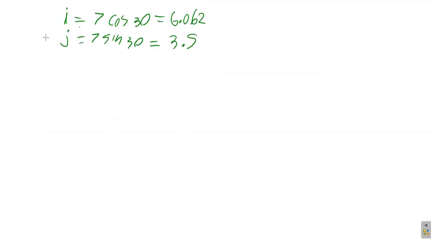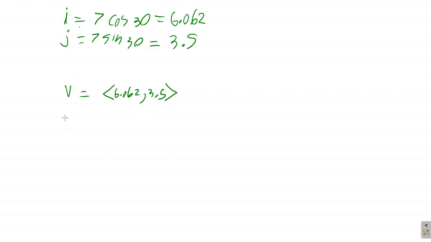Now, sometimes you get the horizontal and the vertical components of the vector, and you must find the magnitude of the vector. You might have a case where they give you the vector v is equal to, and then they put some funny bracket like this and say 6.062 comma 3.5.